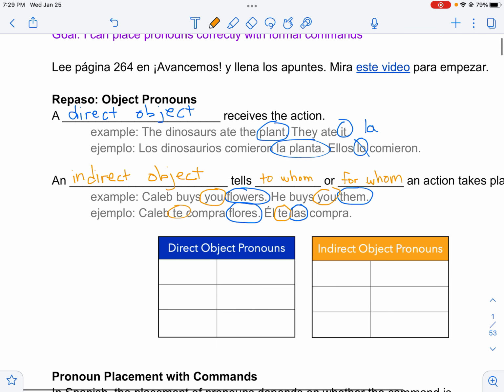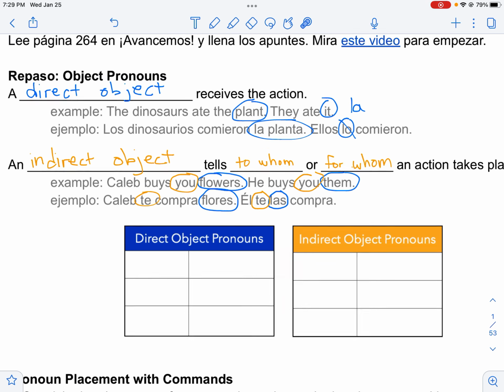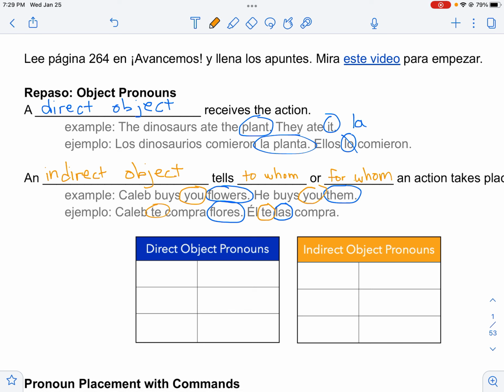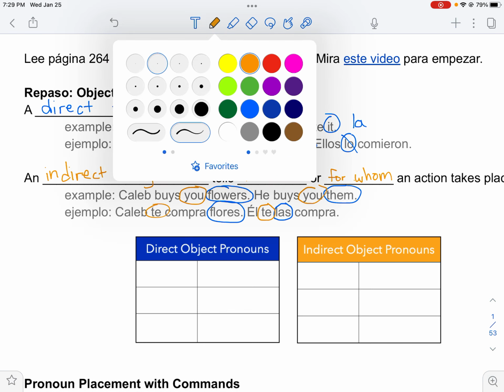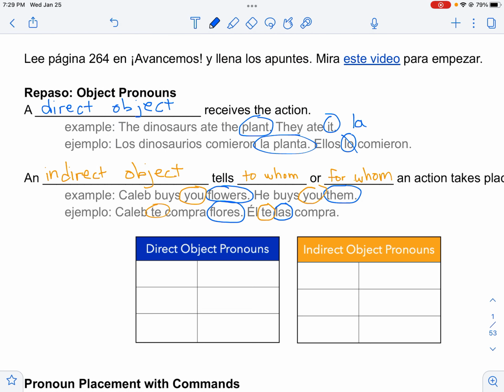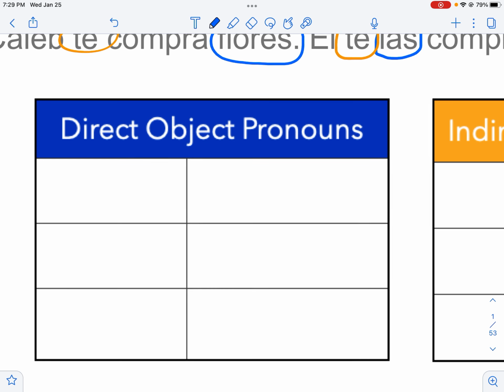In English, object pronouns are all the same: me, you, him, her, it, us, you, them. In Spanish, however, we have different words for direct object pronouns and indirect object pronouns.